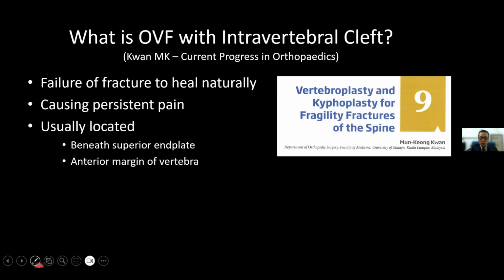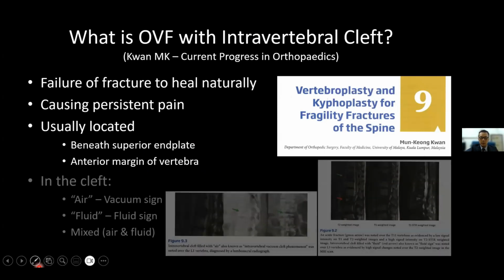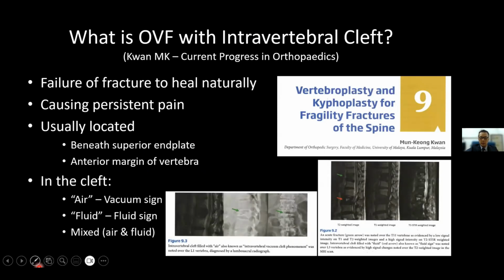It's usually located beneath the superior end plate of the vertebra at the anterior margin. It can be easily diagnosed using X-rays, CT or MRI, whereby it produces an air or a fluid sign or a mixed sign. I'll show this in more detail later.